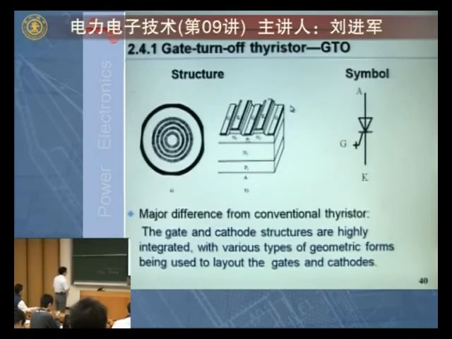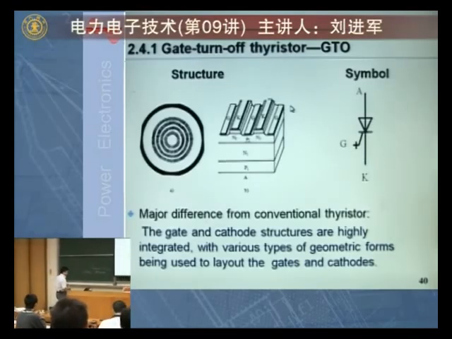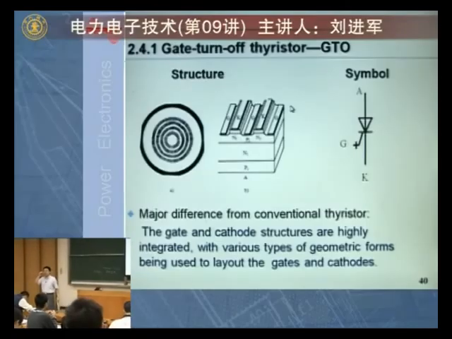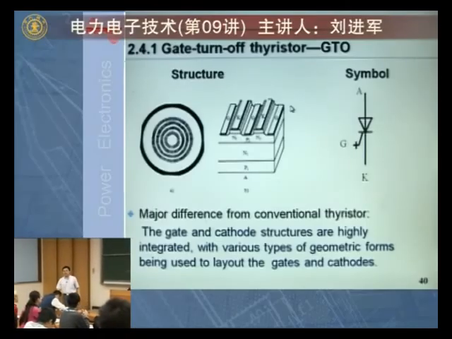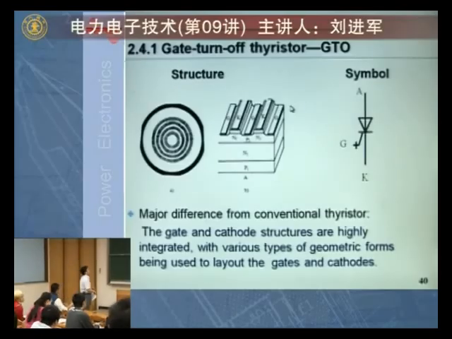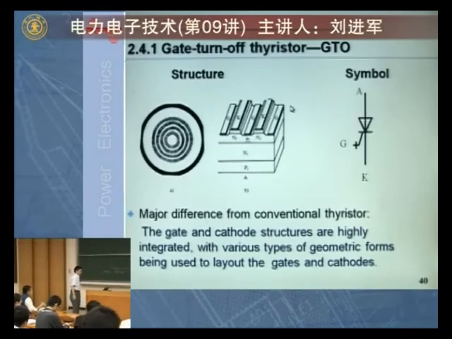Let's see. GTO, gate turn-off thyristor, we can imagine from this name that this is basically a development from thyristor. The ordinary thyristor cannot be turned off through the control terminal, through the gate, but this type of thyristor can be turned off through the gate.